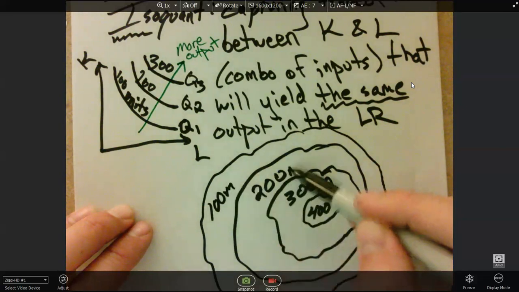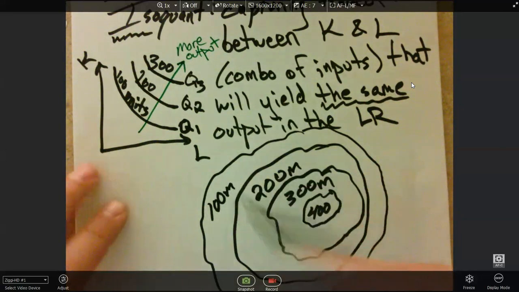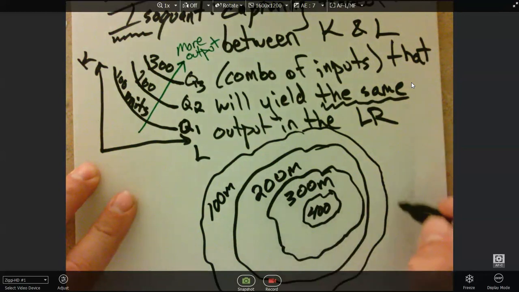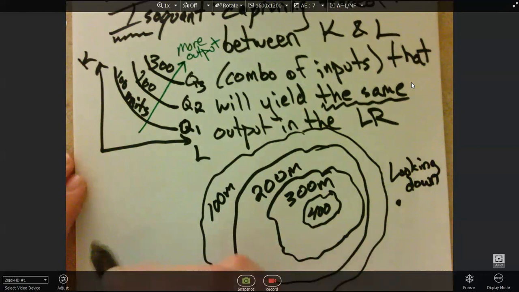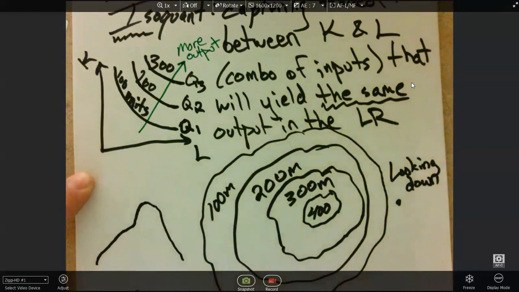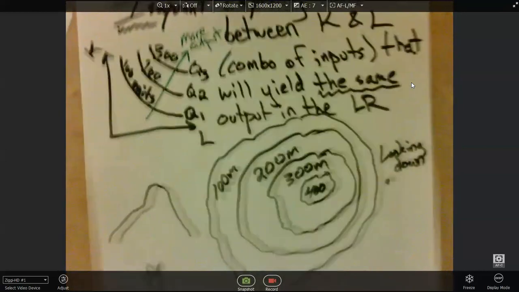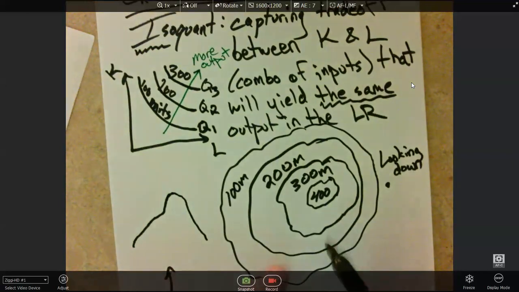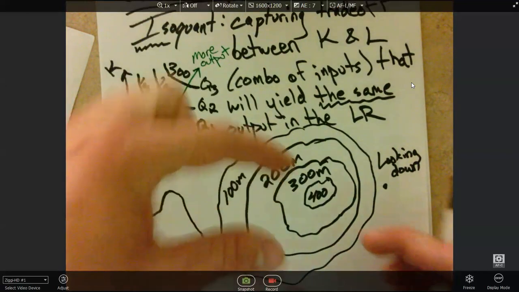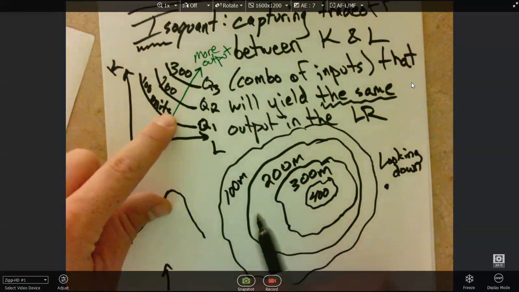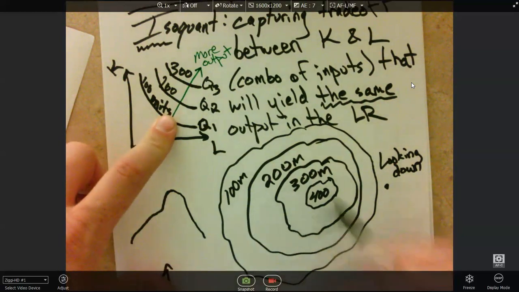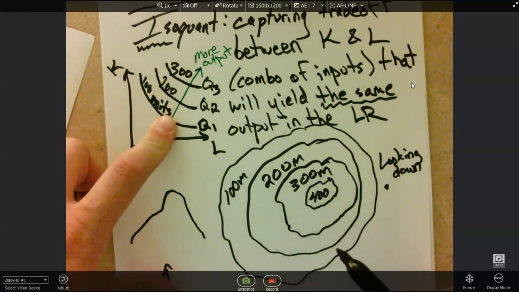So this is all the height of it, and this is looking down on it. If we were to look out at this same figure, it would be something like this, right? You're following my notion here. It's the same kind of thing. We're rotating this on its side, and that's what we're seeing with the different isoquants. We're seeing different levels of, like, a mountain. Does that make more sense now? Okay.